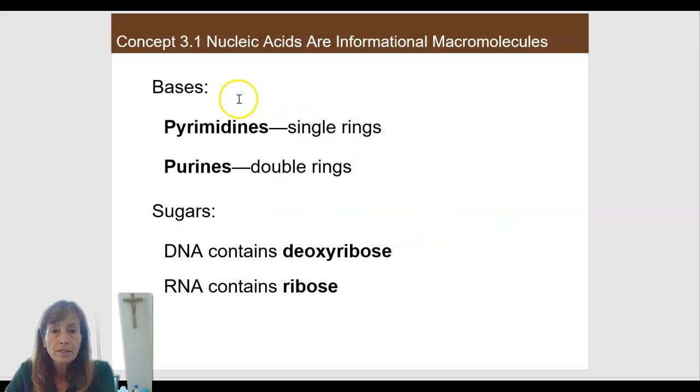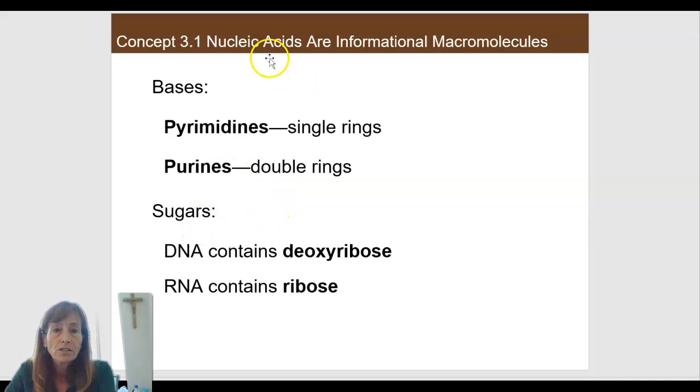The bases themselves are going to be one of 2 types. If it's a single ring, and I'll show you that in a second, then it's called a pyrimidine. And if it has a double ring structure, it's called a purine.